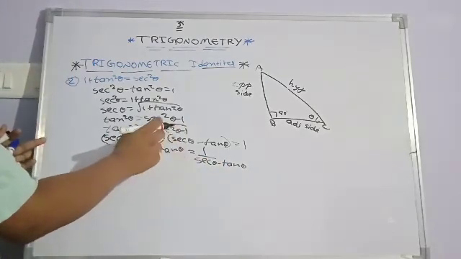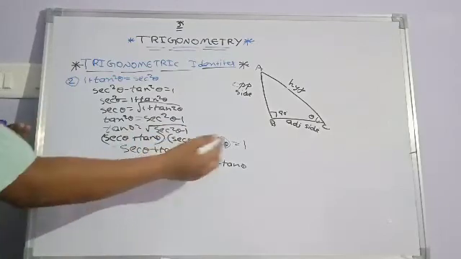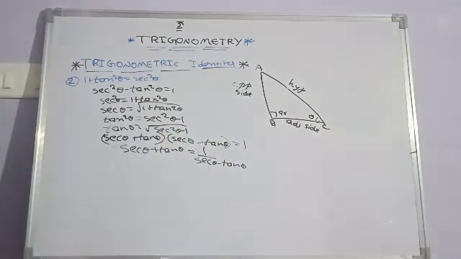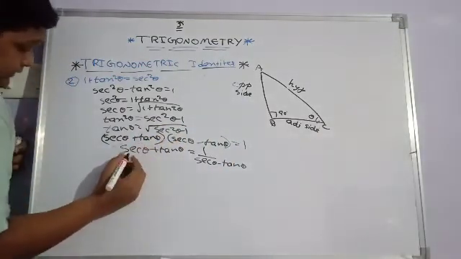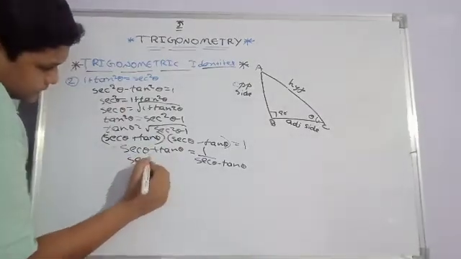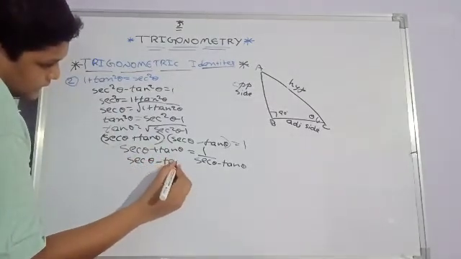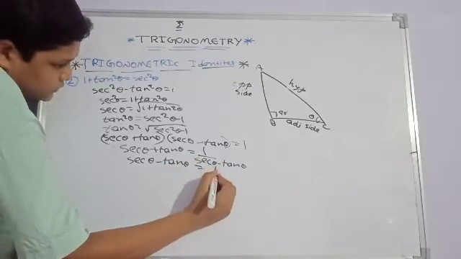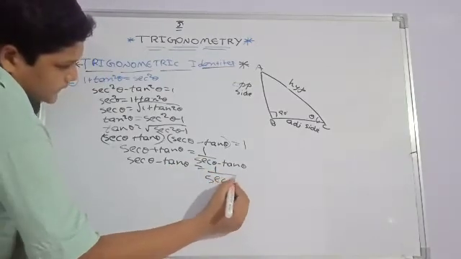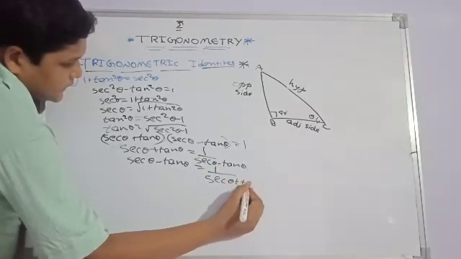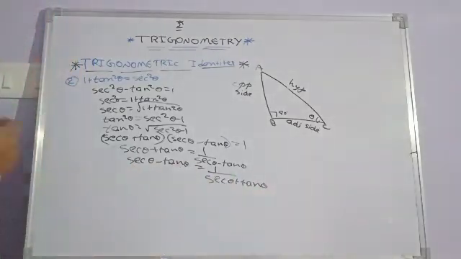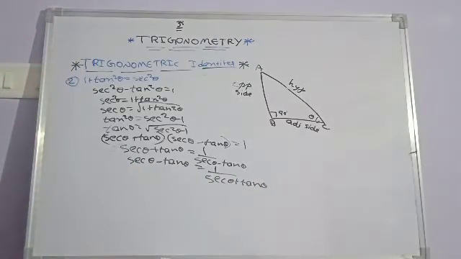When it is in the multiplication form and moves to that side, it becomes divided by. Secant theta minus tan theta is equals to 1 by secant theta plus tan theta. Then it moves to that side.